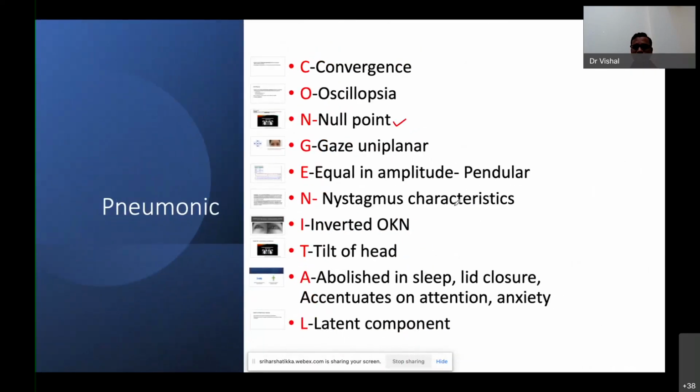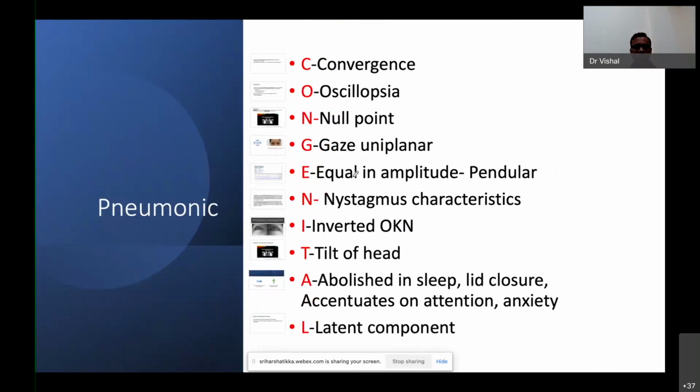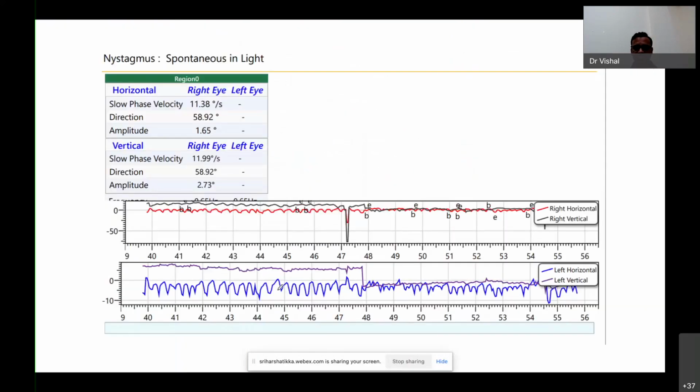Now, we have discussed this gaze uniplanar. Now we will discuss equal in amplitude. So we are going through this mnemonic, congenital. We have come up to the E, and it is equal in amplitude. So for example, if you see on this graph of the VNG system, you can see this is equal in amplitude on both the sides.